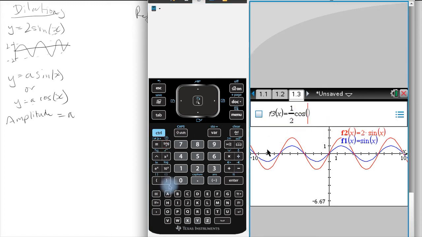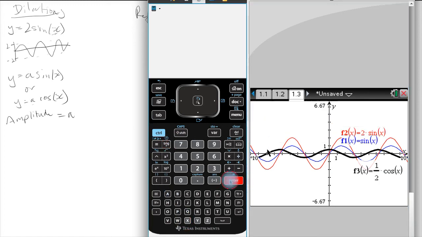Cosine x. Give it a test. Yep, so there we go. So the amplitude is now a half. It's half as big as our original blue one, and it's a cosine graph, so it starts at a maximum. So there we go. Our amplitude is a, this number out the front here. Okay, so the basic type of the amplitude changing dilation is quite easy.